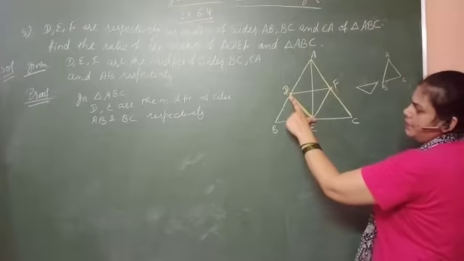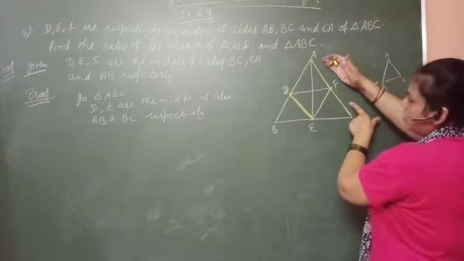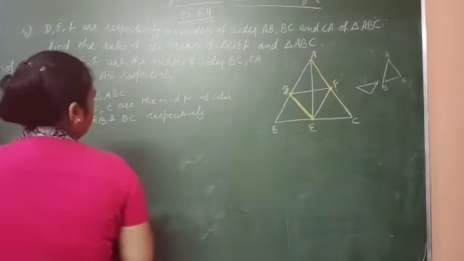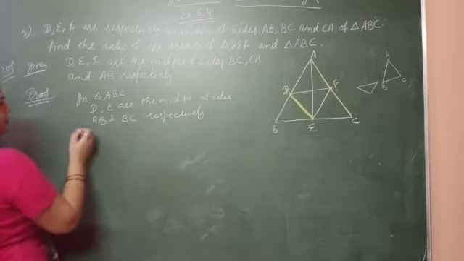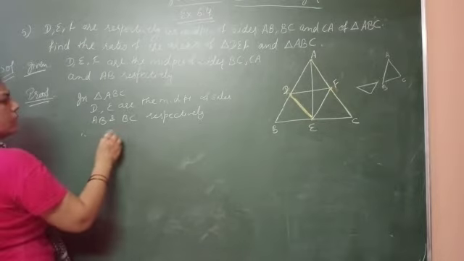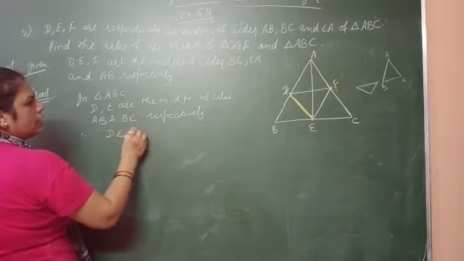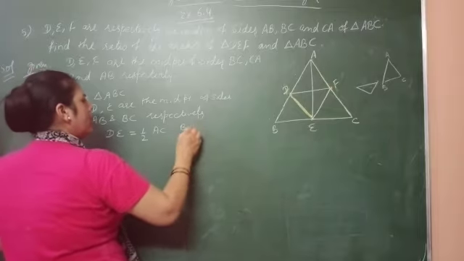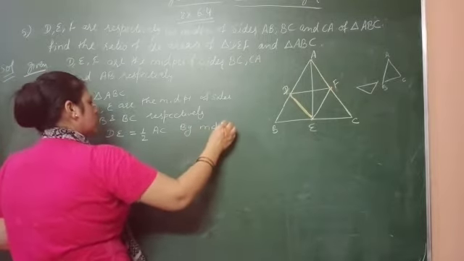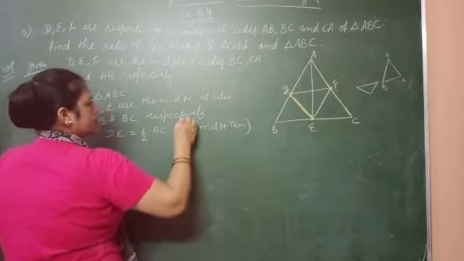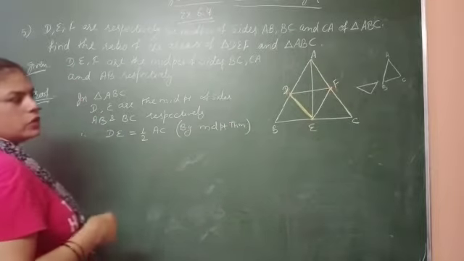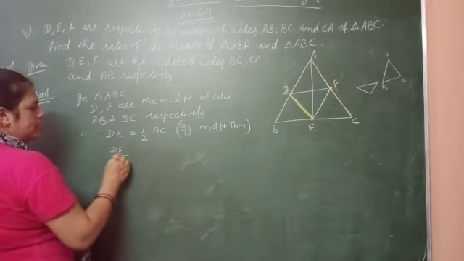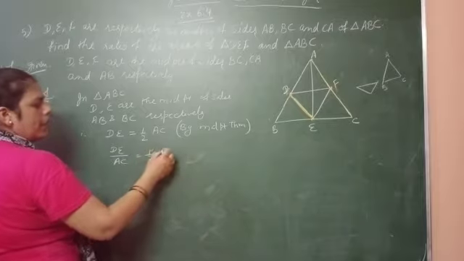So this line DE is parallel to the third side AC and is equal to half of it by the midpoint theorem. Clear? This implies DE over AC is equal to 1 by 2.